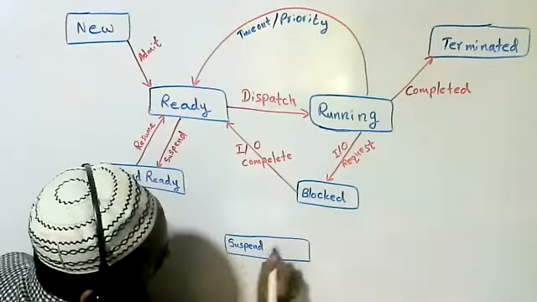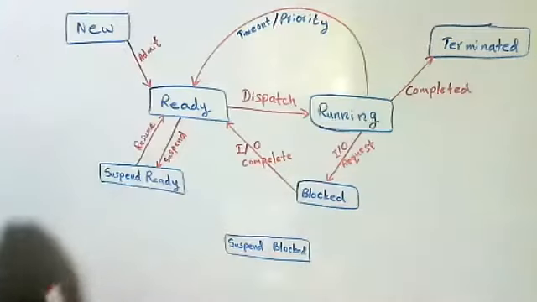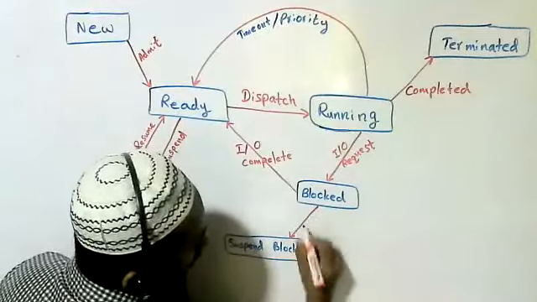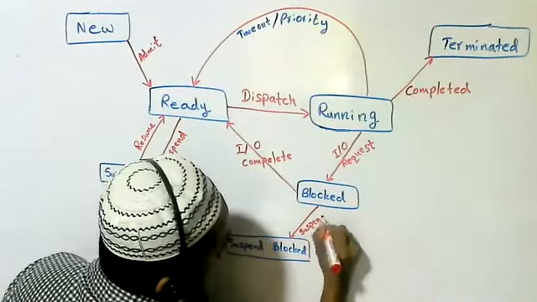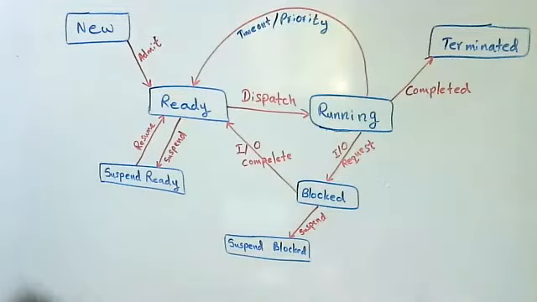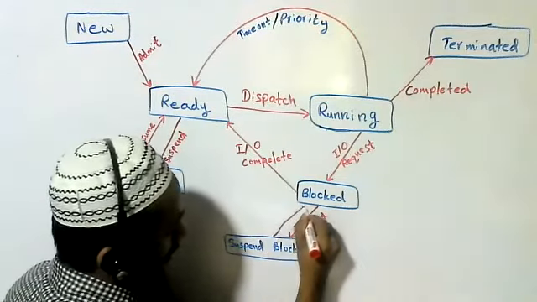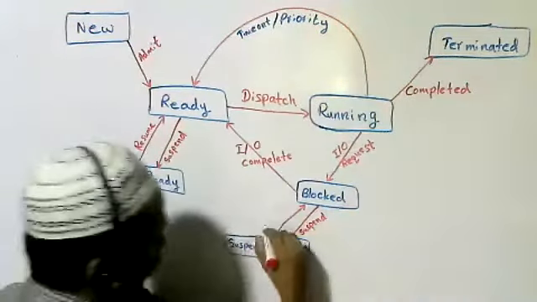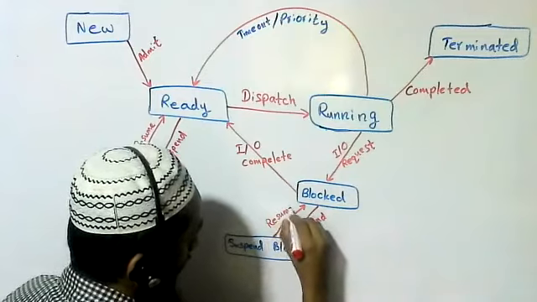This is called suspend, or we can say swap out. And if there's enough space available in main memory, suspend blocked state processes move to the blocked state again. That is called resume, or we can say swap in.